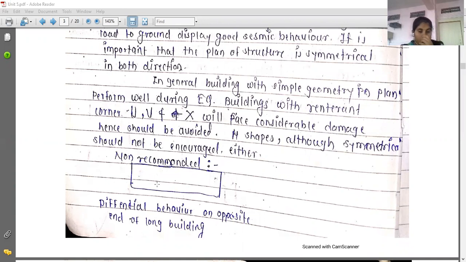From this diagram, the length provided is more, and that's why that building is not recommended for structures.